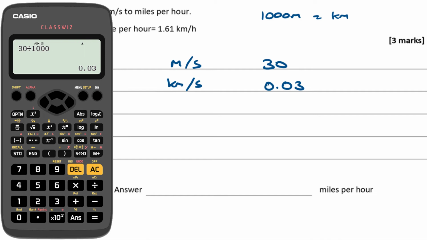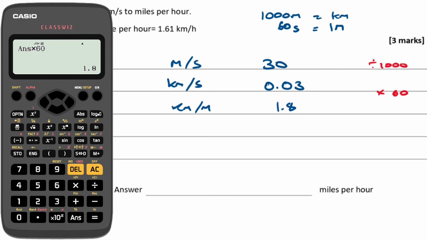Now there are 60 seconds in 1 minute. So if I multiply kilometers per second by 60, so this was divided by 1,000, and now I'm going to times by 60 to get kilometers per minute. So 0.03 times 60, that gives me 1.8 kilometers per minute.